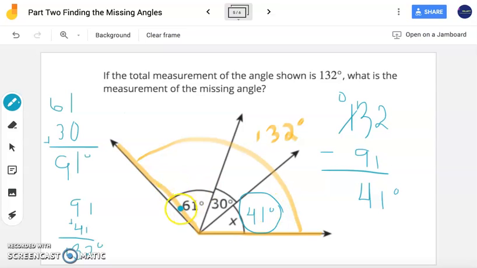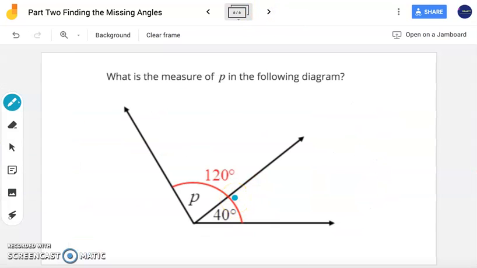Now again, I identified the given values. I found that I have a whole value given to me, and I need to find that missing piece, that missing angle measurement, which is why I was doing subtraction for this problem. Yes, this was a two-step process: I added angle 1 and 2 together, then I subtracted that sum from the whole to give me the missing value here.